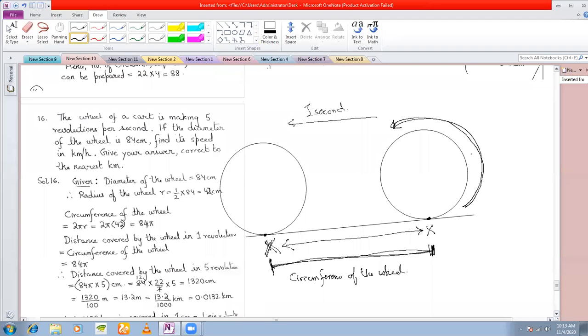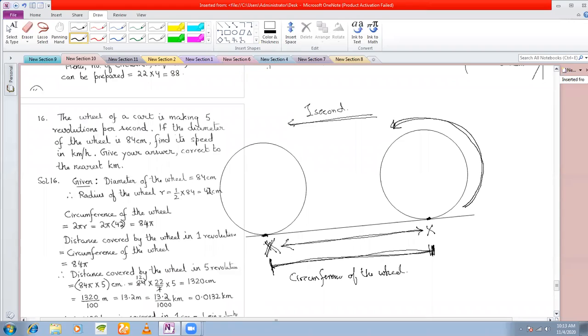If this wheel is rotating and it travels this distance from X, and it is coming back such that this point is coming back to its original point that it was here, then can I say it has covered the entire circumference of the circle and come back to this point? Obviously, if X has to reach the same point after some time, it has to cover the entire circumference, isn't it?